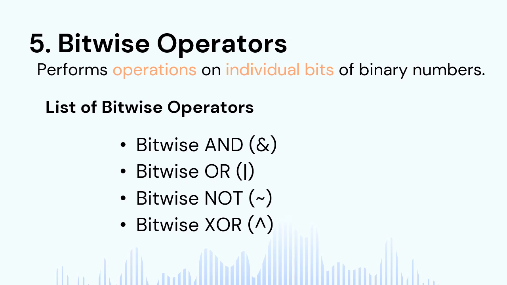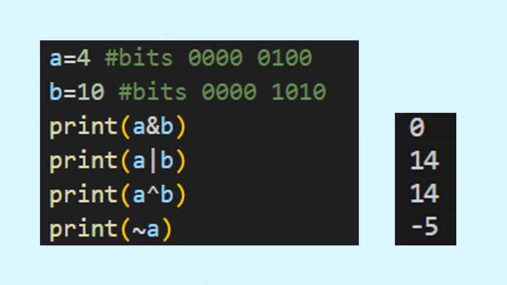In this slide, we'll be looking at some of the basic operations on numbers using bitwise operators. First we are assigning two variables a and b with the values 4 and 10 respectively. These values are expressed in bits here as a comment, so people can understand how bits are expressed.